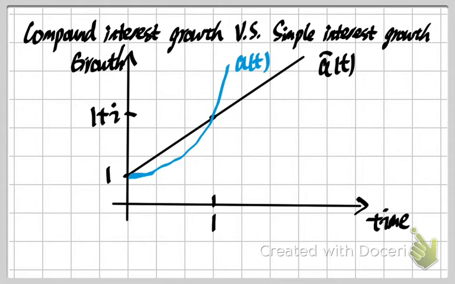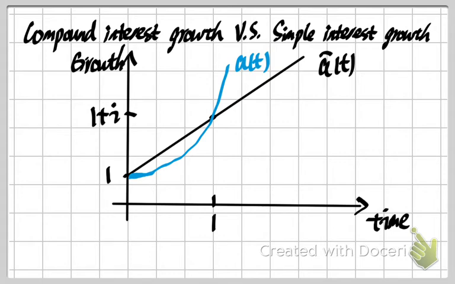However, if we look at this blue curve, this is our compound interest rate. We can find the growth is not a straight line, but an exponential curve. In other words, if the time is a short period, for example smaller than 1 unit of the period, then the simple interest will have a faster increase in our investment.